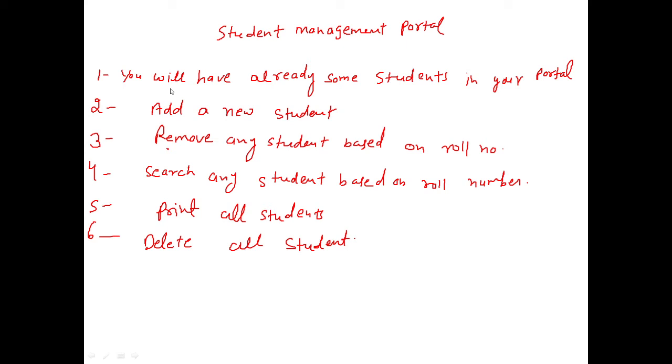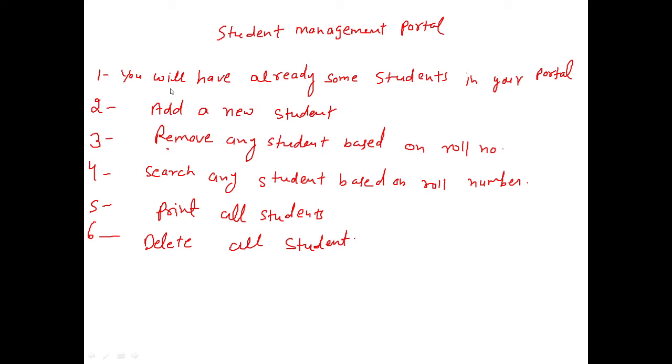You will already have some students in your portal. Anytime you run a Java program, if you want to run anything before the main method, is there any concept which will run before the main method? Yes, static block. Okay, so inside the static block you will add some students.